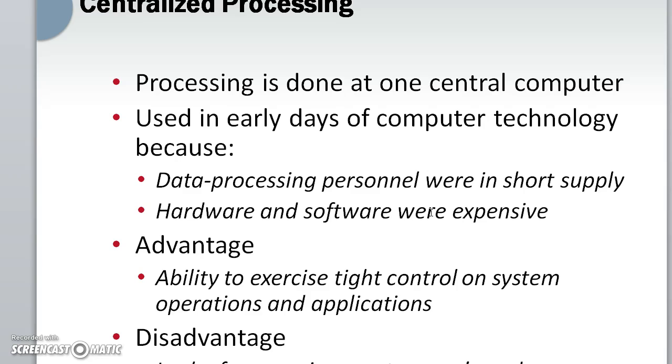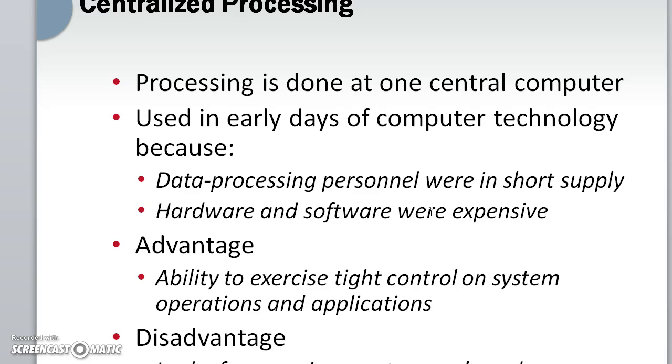There are some advantages, such as you can take control of one system and be able to take control of the other processes as well. Also, in early days, they were using central processing because data processing personnel were in short supply, and hardware and software were expensive, so they would just have it in one centralized location.